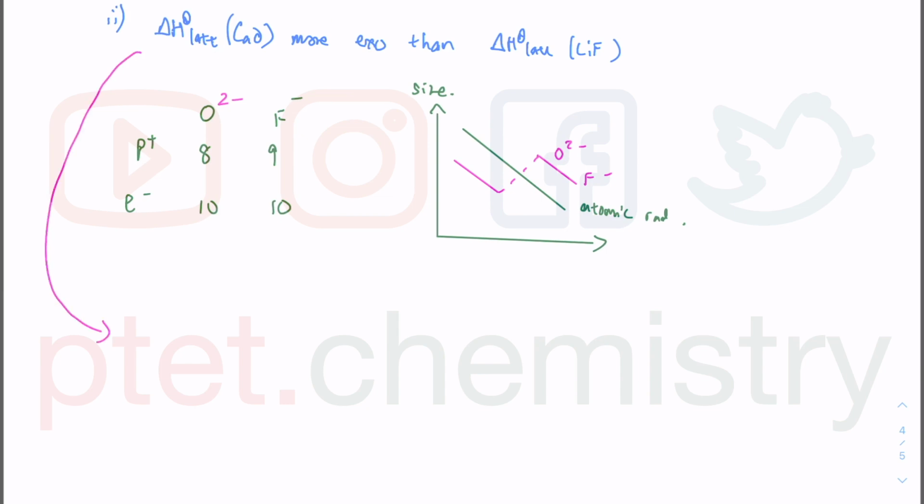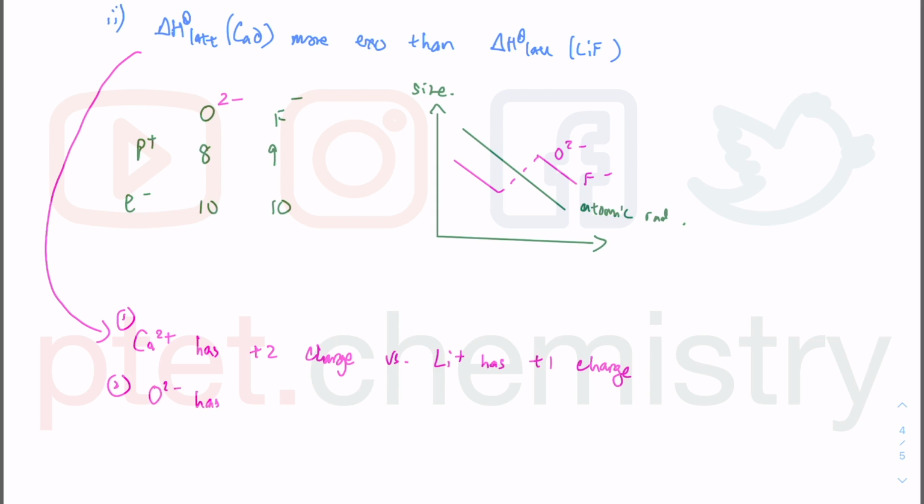So I can think about the charges on the cations. Calcium 2 plus has plus 2 charge, versus Li plus which has plus 1 charge. This is the charge of the cation. Very straightforward.